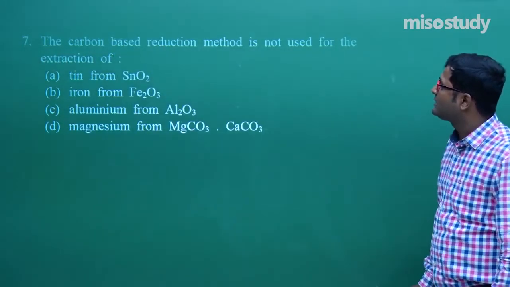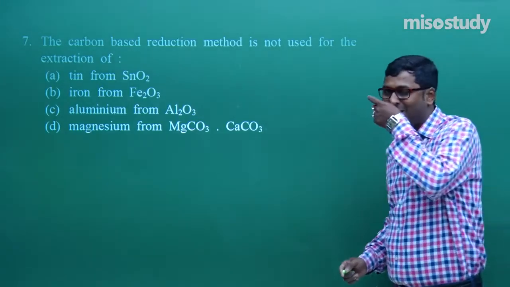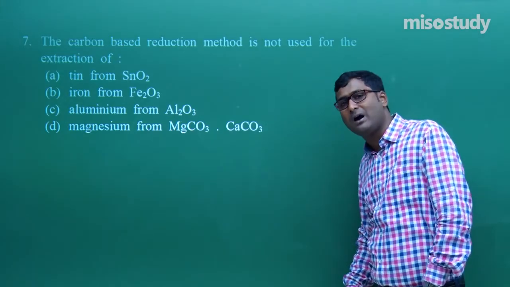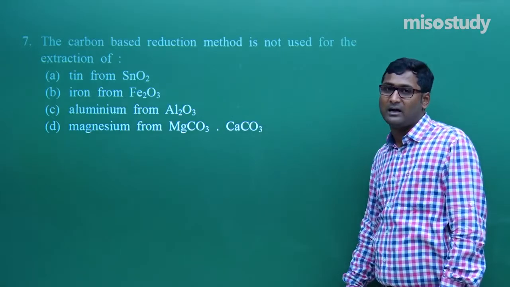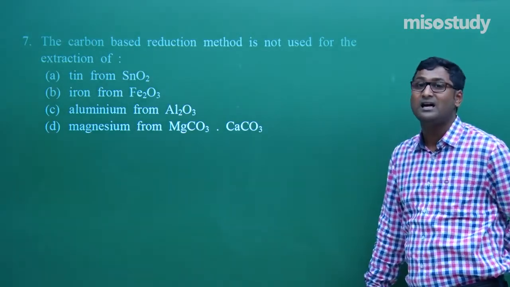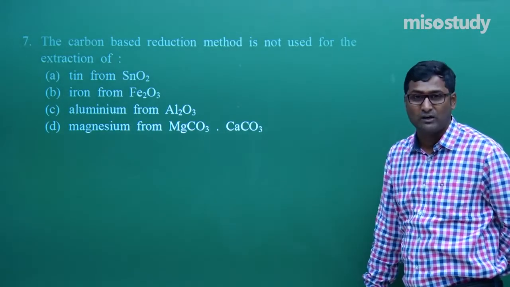The carbon-based reduction method is not used for the extraction of, as we know, aluminum and magnesium, which have more affinity for oxygen in comparison to carbon. So for such metals, the carbon reduction method is not suitable. Remember, this is a completely theory based question.